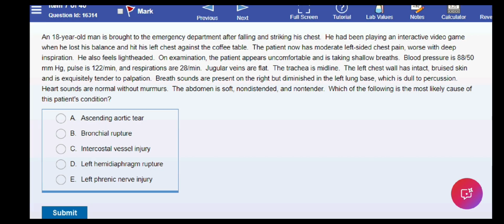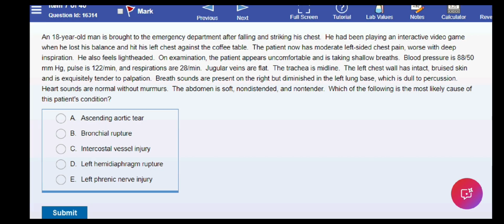Jugular veins flat. So, no pneumothorax, no tamponade, meaning the blood isn't in this area, isn't something related to the chest. The blood goes out.